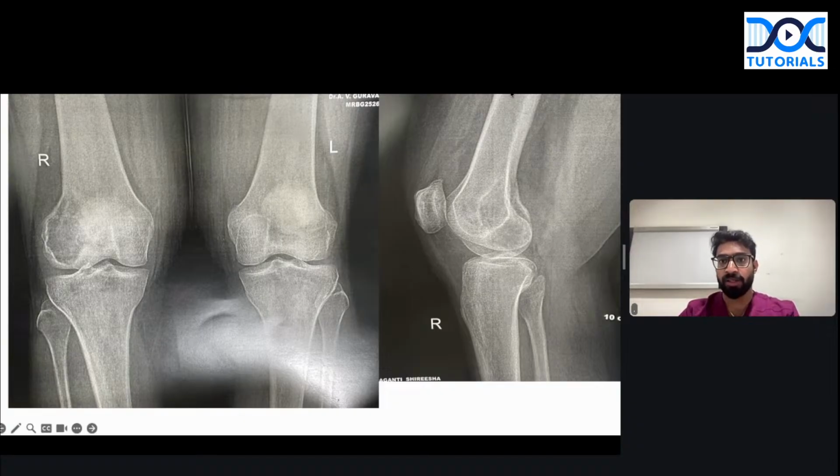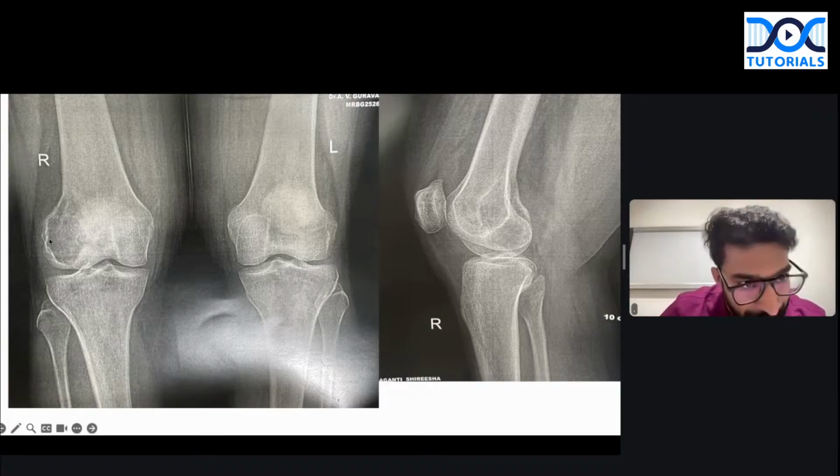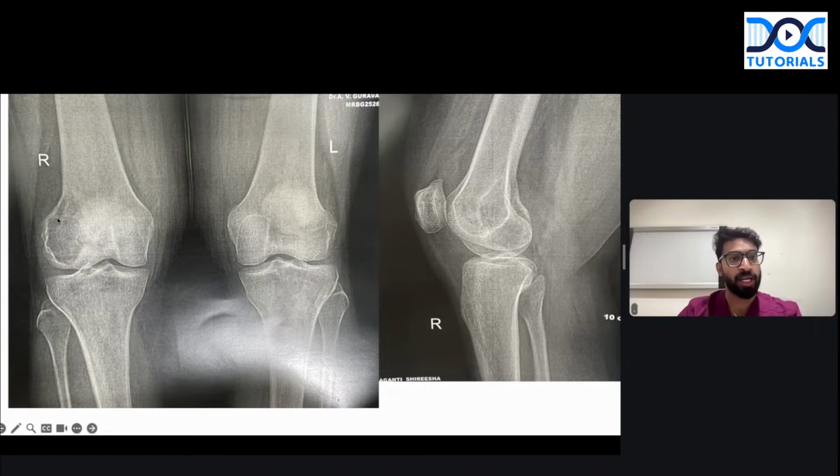And this one is the lateral projection of the right knee, which is showing a lytic lesion on the right femoral condyle.